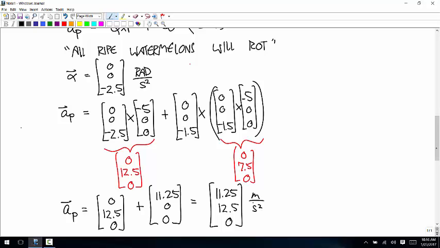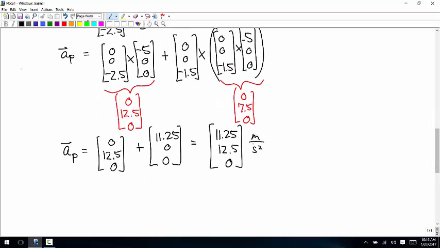The way to sanity check the acceleration in circular and spherical motion is to remember that this one is the tangential acceleration, and this one is the centripetal acceleration.